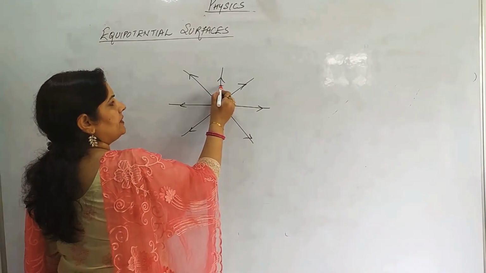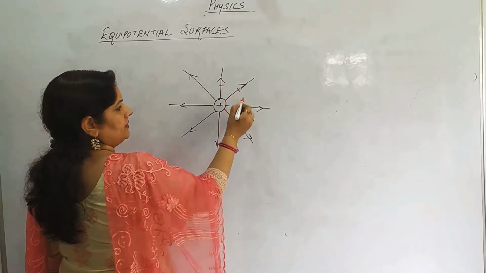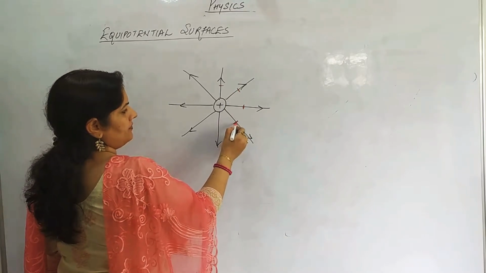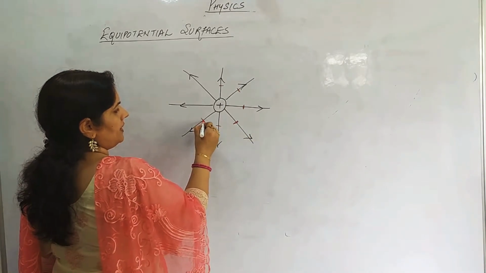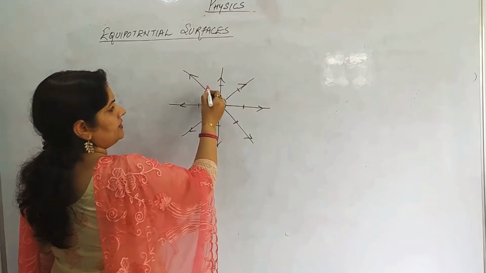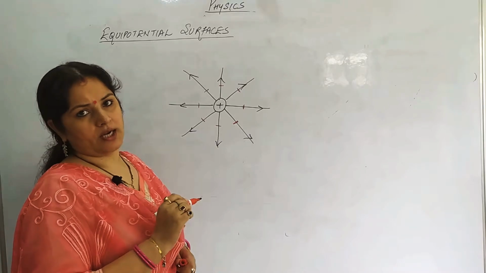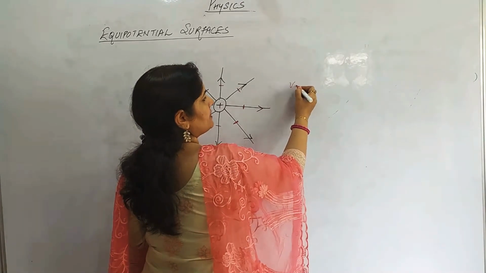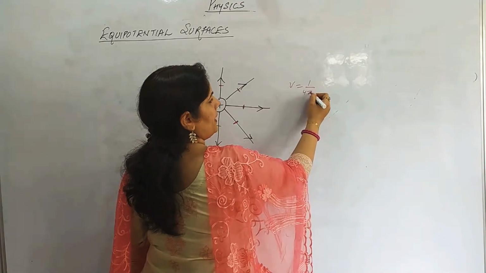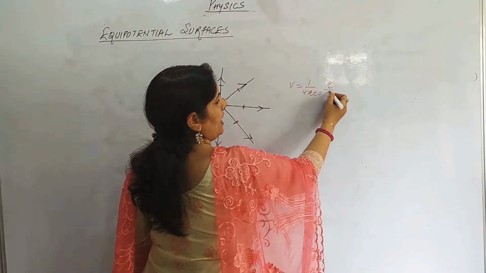at 5 centimeter here and 5 here and 5 here, at the same distance all around. So at 5 centimeter distance from the charge, we know that potential is given by 1 upon 4 pi epsilon naught, q by r.